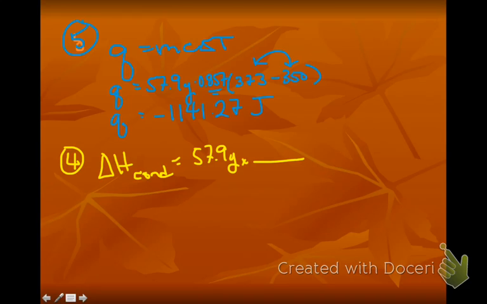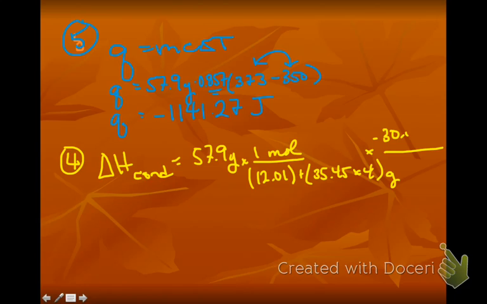And it takes, let's see, 12 plus, oh dear, got to do the math on that. 12 plus, we have to have 35.45 times 4 grams per 1 mole of carbon tetrachloride. And then, according to the delta H of condensation, it's going to release 30 kilojoules per 1 mole.